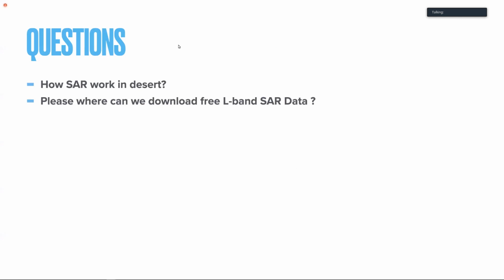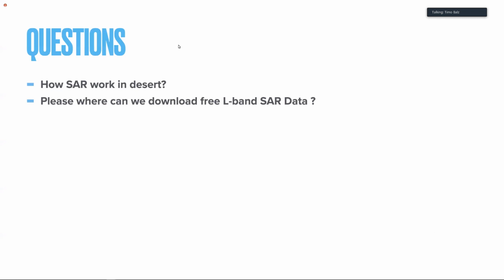It works even better in a sense, because for many applications, the vegetation and objects that move around are what disturb many effects, especially with interferometry, which typically works much better in desert areas. Where we can download free L-band SAR data, I do not know. I don't know a free L-band data source at this time.